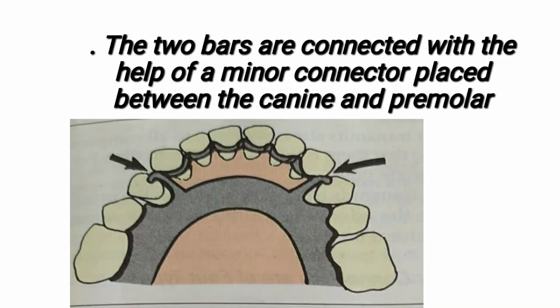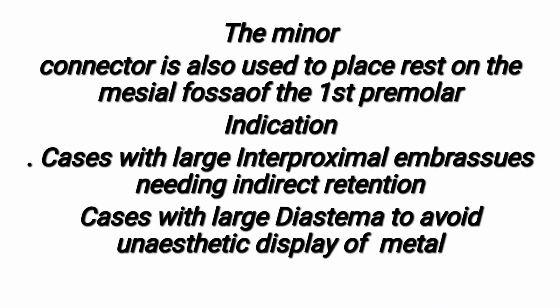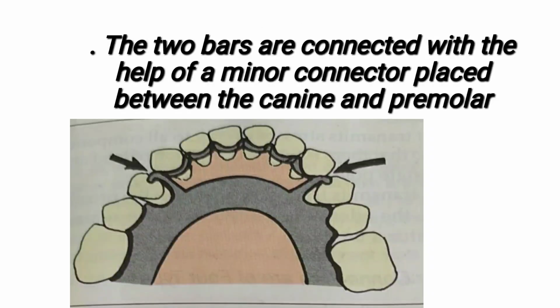The two bars are connected with the help of a minor connector placed between the canine and the premolar. The minor connector is also used to place a rest on the mesial fossa of the first premolar. You can see over this diagram.